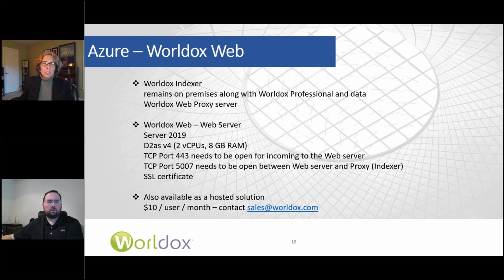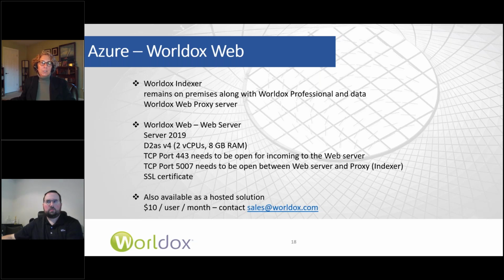Essentially, you could still keep all of your stuff on-prem, but if you don't have the additional hardware to set up a web server, you could just put your web server for Worldox Web in Azure.